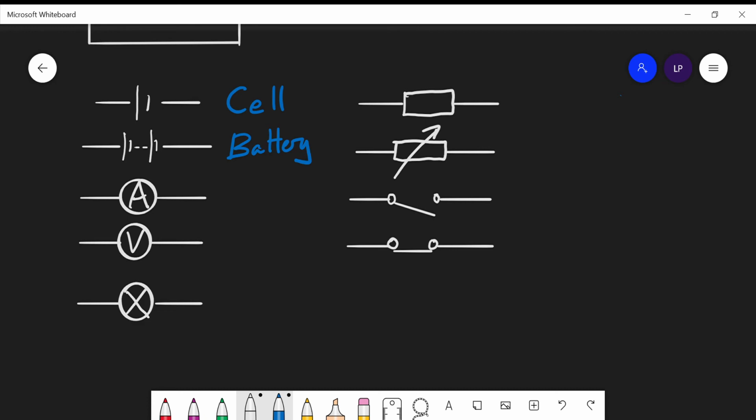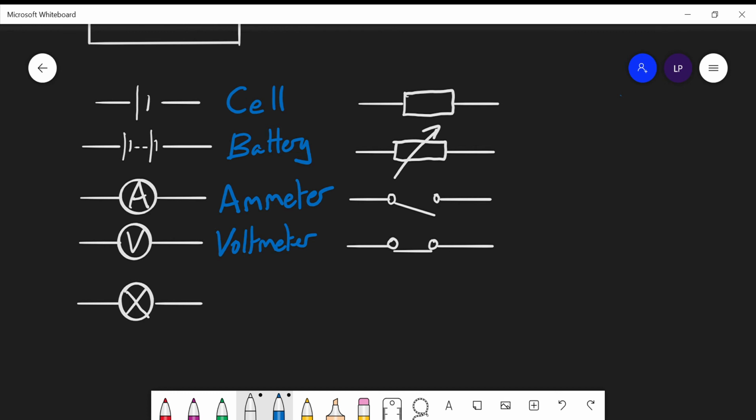Now, a circle with an A in it is a very important device. This is called an ammeter. The ammeter can measure current, and ammeters are always put in series within the circuit, so the current will flow through it and it will measure how much that current is. A circle with a V in it is a voltmeter.